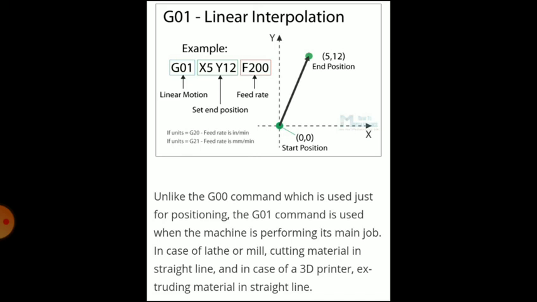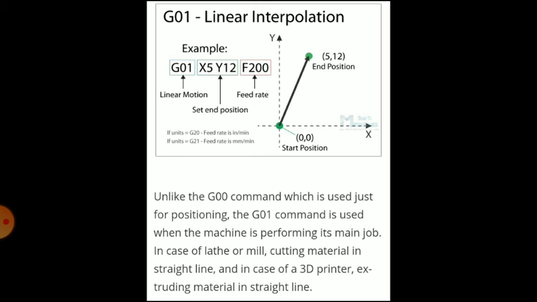So when you have to move the tool from start point to the end point during this machining operation, then the block will be G01, that is a linear motion or linear interpolation. Then you have to specify the coordinates of the end position, and also the feed rate at which the tool will move.